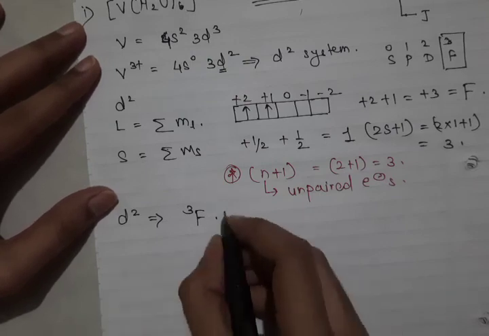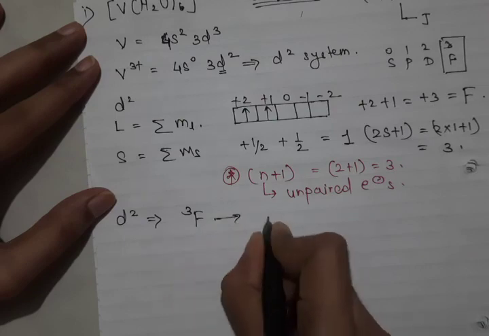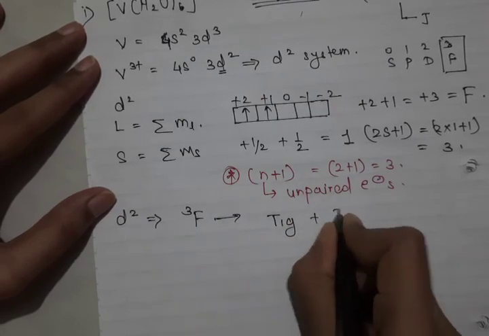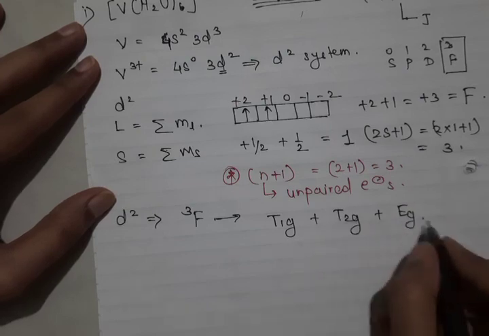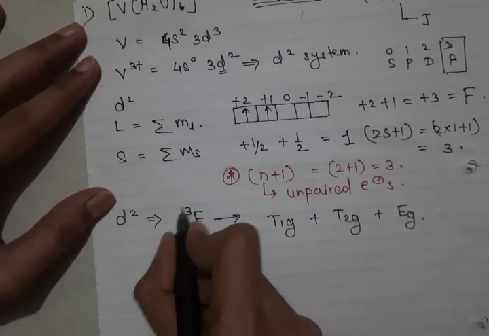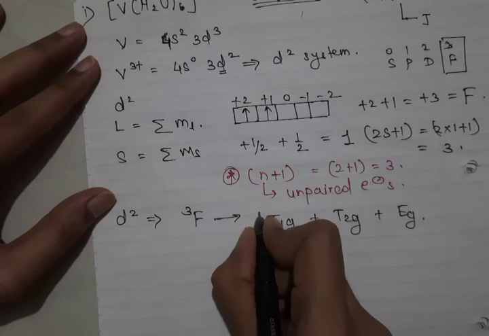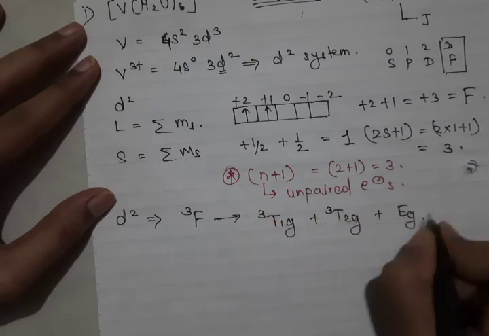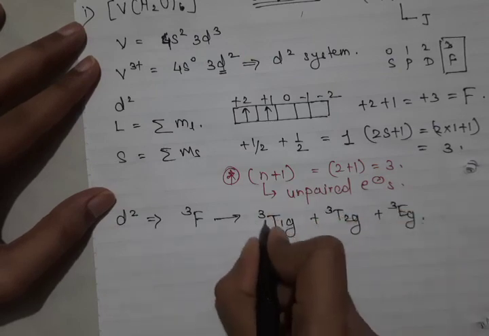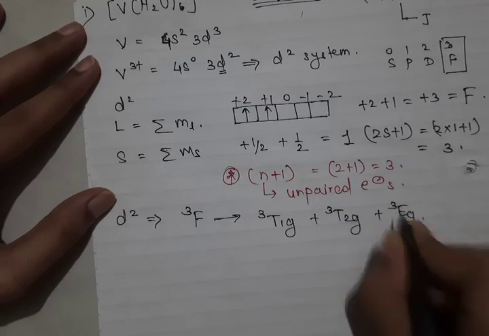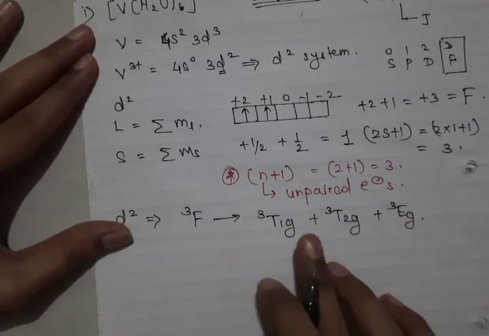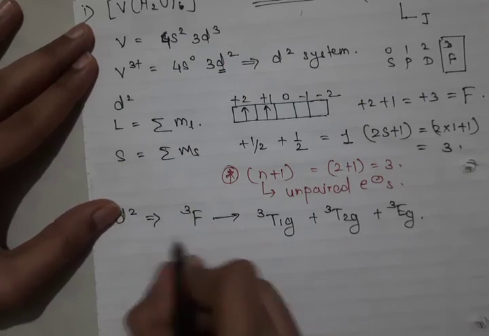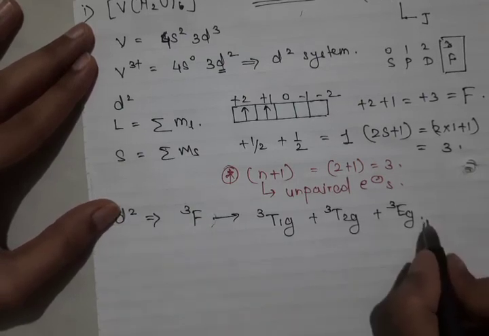F term gets split into T1G plus T2G plus EG. But the spin multiplicity is 3, so you have to write 3 here. So T1G 3 plus T2G 3 plus EG 3. So this is the splitting of term F3 in presence of octahedral field.